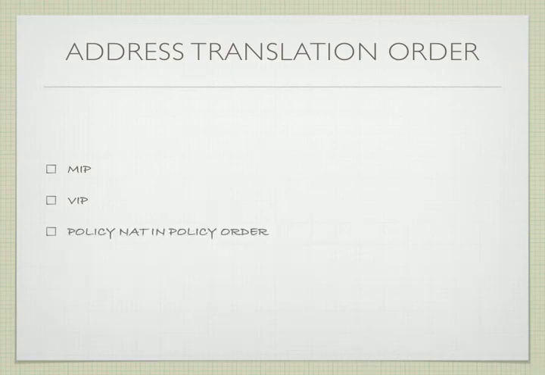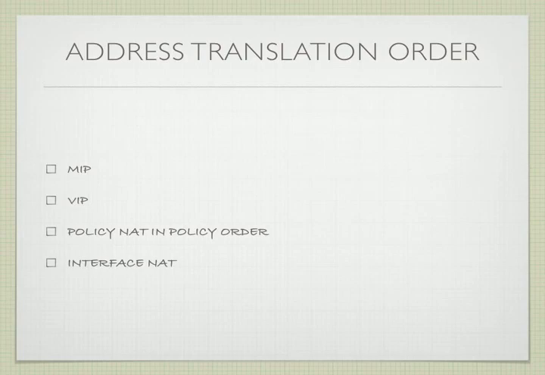And then policies will apply in the order that they are seen in your policy ordering. So just the same as we mentioned earlier in creating policies, order matters. The first match in a policy and you're done. But MIPs and VIPs will occur prior to policy-based NAT. And then finally, interface-based NAT is the last on the list.